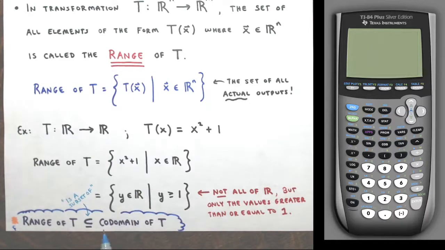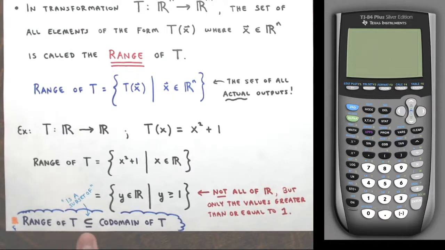So be careful. As I said before, do not confuse the codomain of a transformation with the range. The range of a transformation will be a subset, may be equal, but will be a subset of the codomain of the transformation.